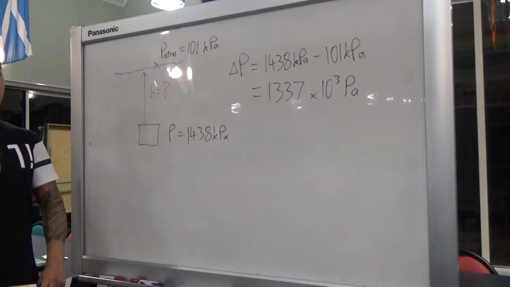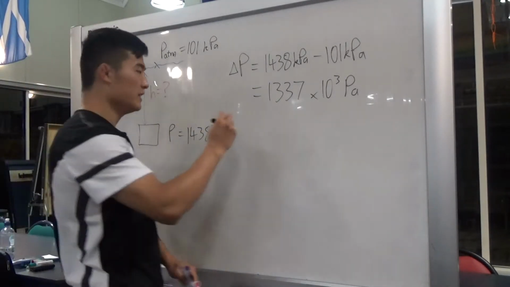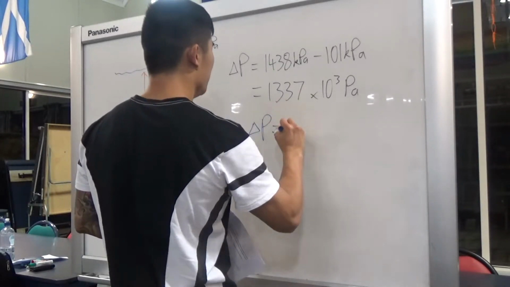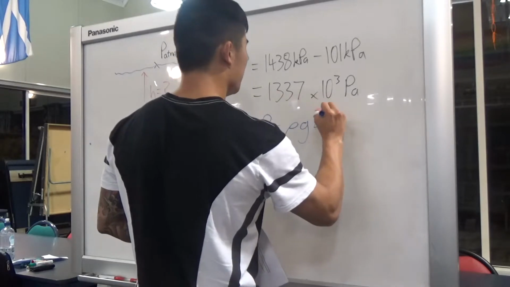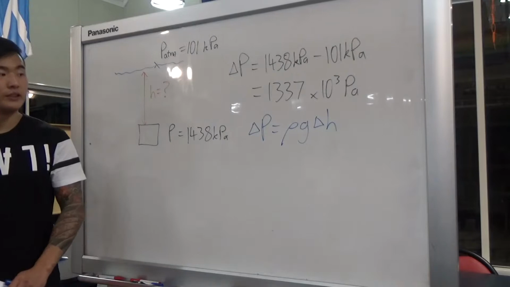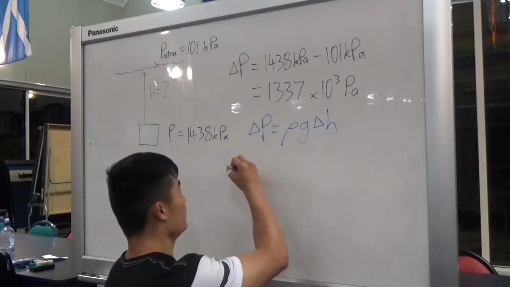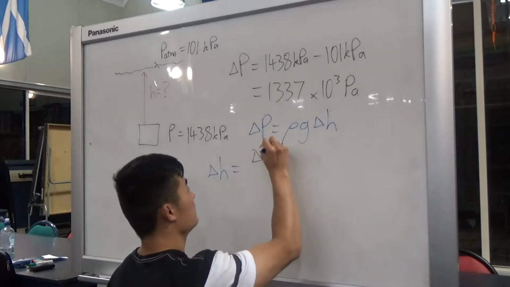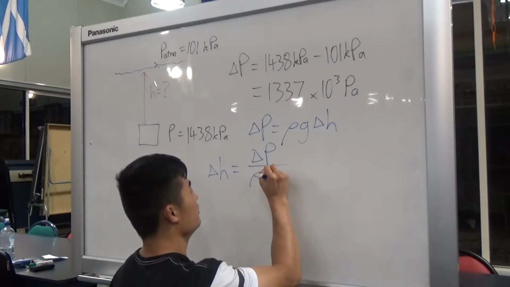Okay, so if you have the difference in pressure, you can now use this equation. Delta P is equal to rho g delta H, right? So we're just going to rearrange this equation for delta H. Delta H is equal to delta P divided by rho g.